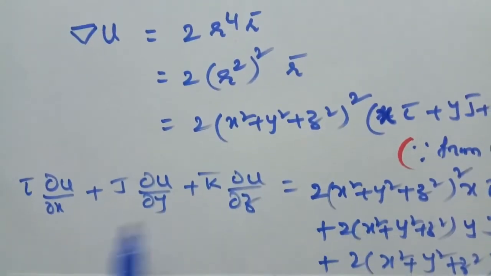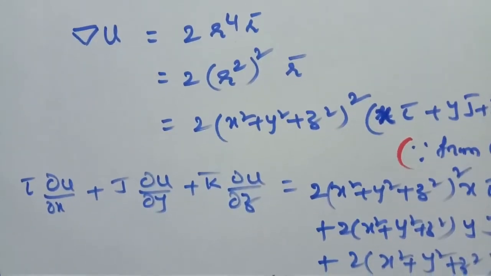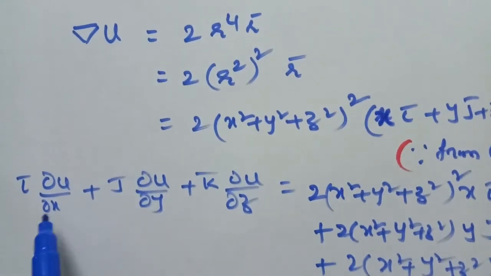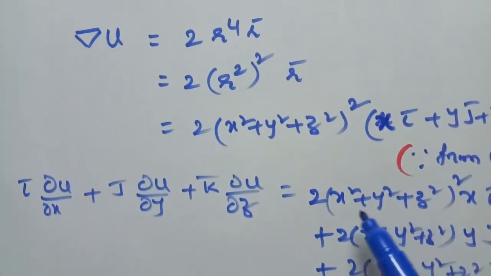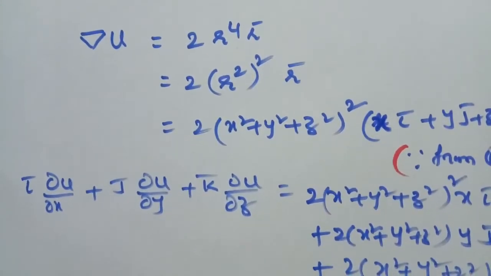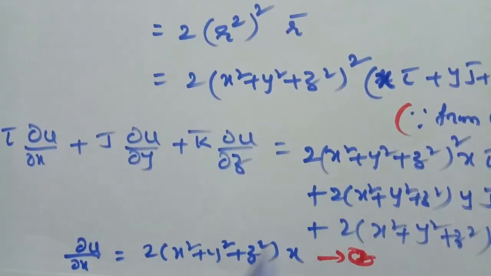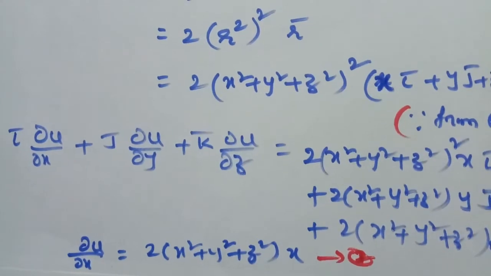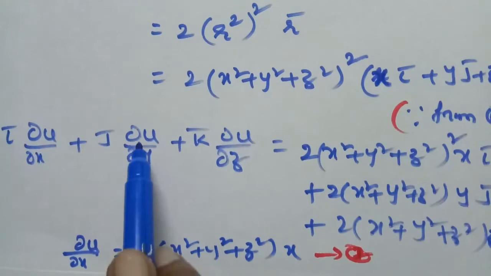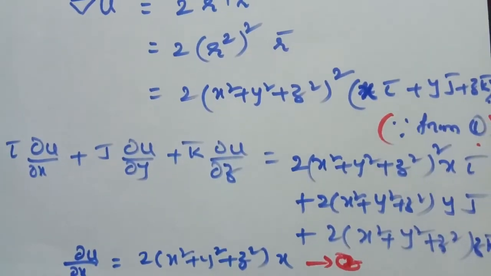Now equating the components of i bar, j bar, k bar on both sides. The component of i bar: dou u by dou x on the left hand side is equal to the right hand side, 2 into x square plus y square plus z square whole square into x. Now the component of j bar: dou u by dou y is equal to 2 into x square plus y square plus z square into y.